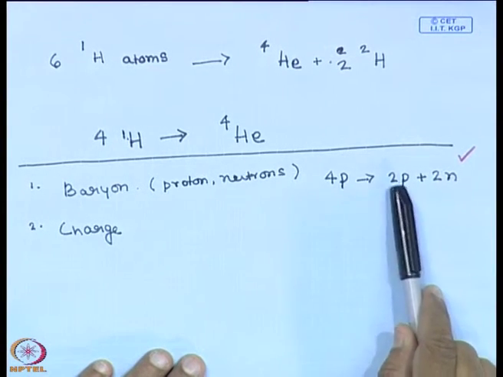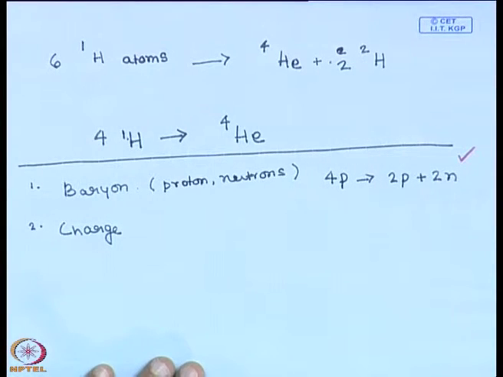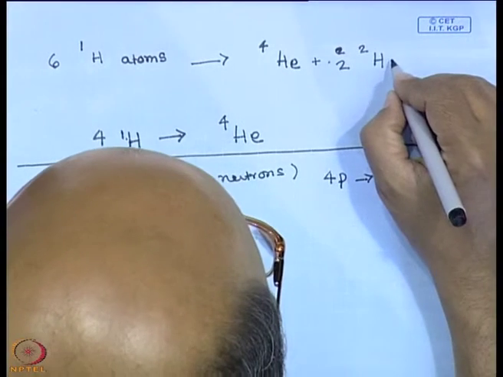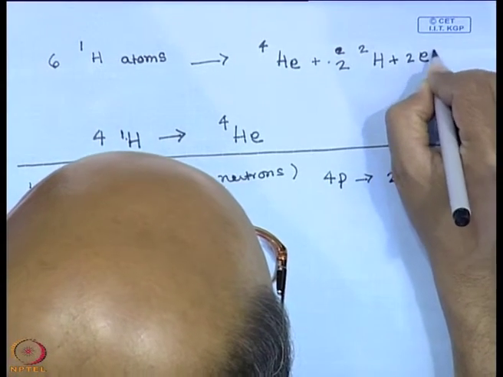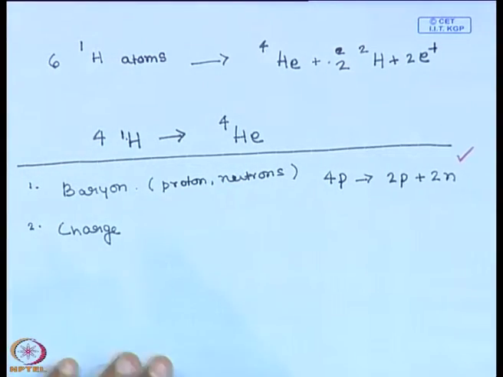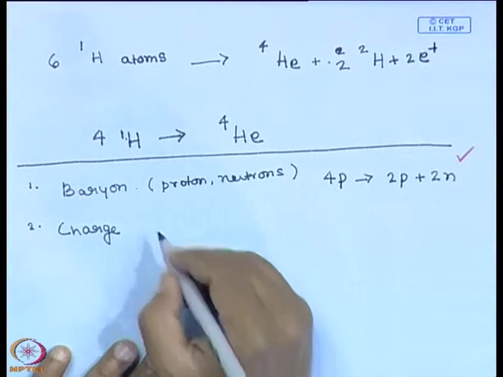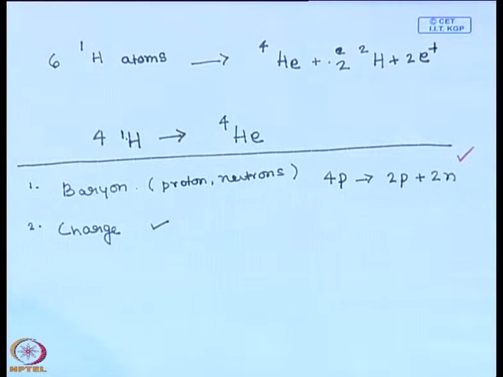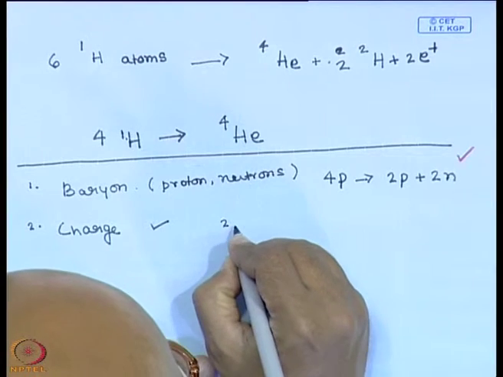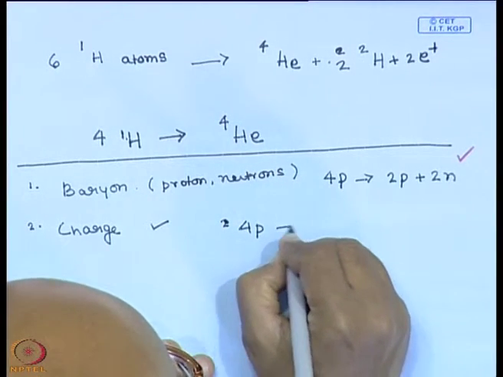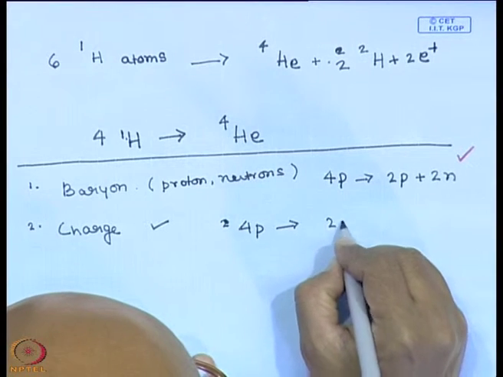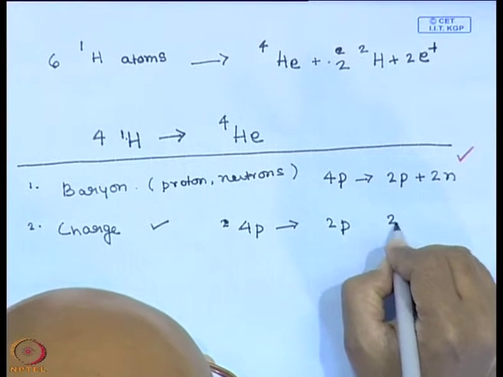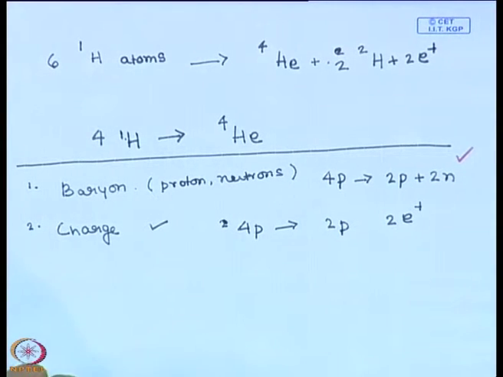So, there is a deficit of 2 positive charges, but these 2 positive charges we know are being carried away by the 2 positrons, right. So, we have 2 positrons also being produced. So, this is also conserved. Right. We have 4 protons, and in the end we have 2 protons and 2 positrons. So, the charge is also conserved.